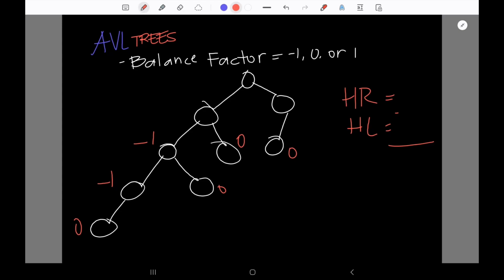For this node. Sa may right niya kasi left. So 1, 2, 3. So 3. Ngano man dili kini 1, 2? Because ang longest chain atong i-follow. 1, 2, 3.